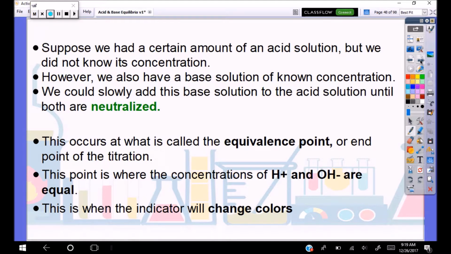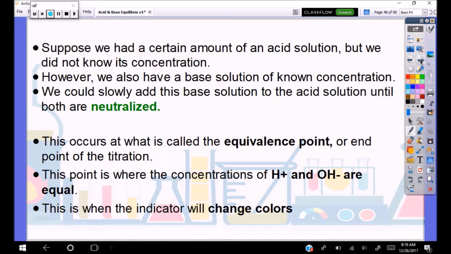So if we slowly add our base to the acid until both are neutralized, we're able to see what the concentration of our acid is. The reason for this is something called the equivalence point. This is the end point of our titration. This is where H plus and OH minus are equal.